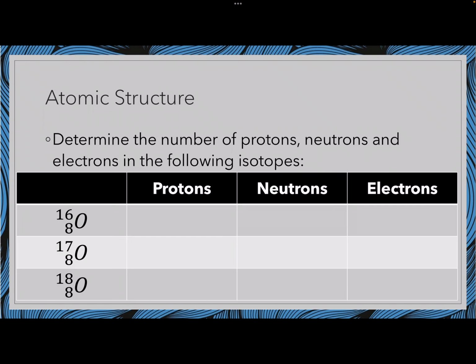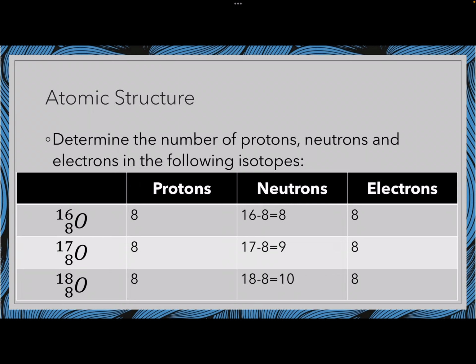Alright, so hopefully you've had a go at that. Let's have a look at the answers. All of the oxygen atoms have an atomic number of 8, so they've all got 8 protons, they're all neutral, and they've all got 8 electrons. But if we look at the one at the top, oxygen-16, we've got 16 take away 8, so 8 neutrons.